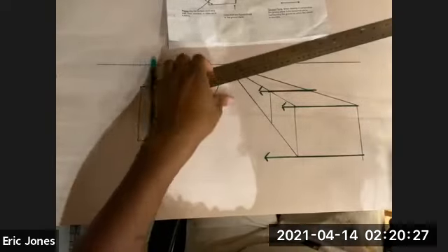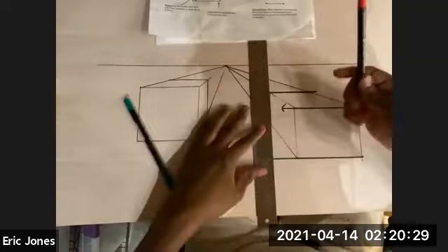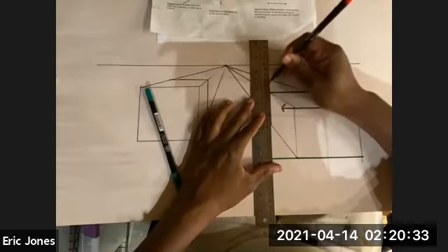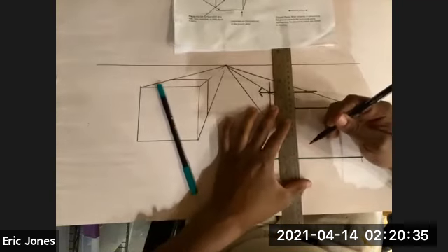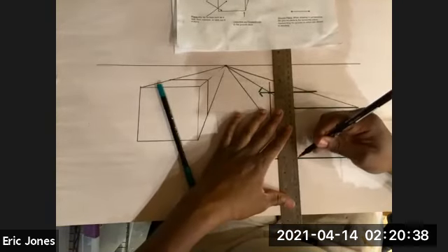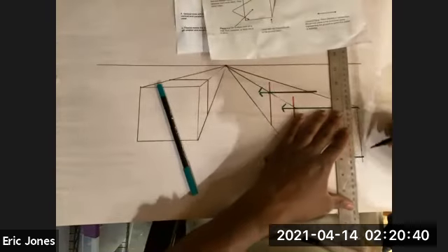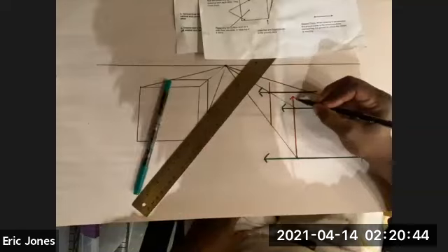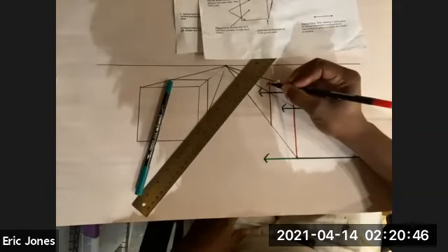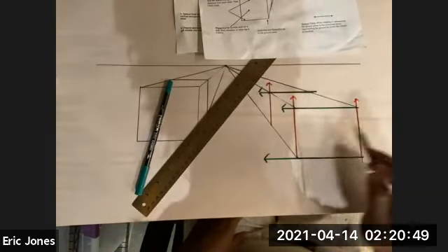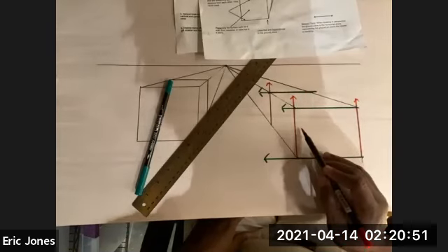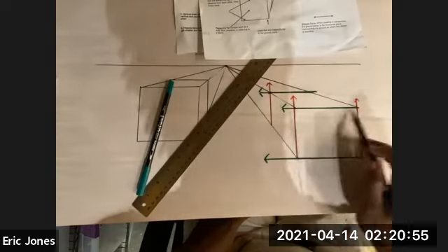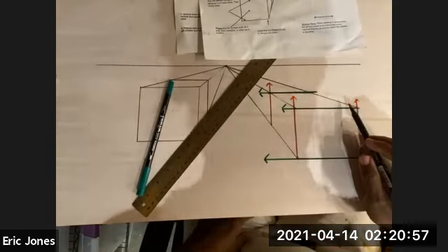And the lines that are vertical, they will always be vertical. Always, always, always be vertical. And parallel to each other. So parallel means the lines never meet. They go on for eternity and never meet. And the same thing in this direction.